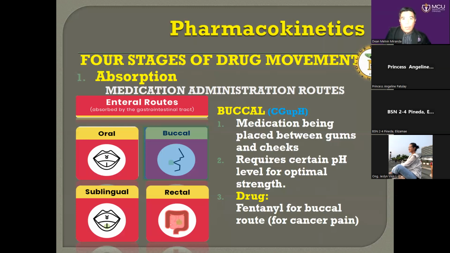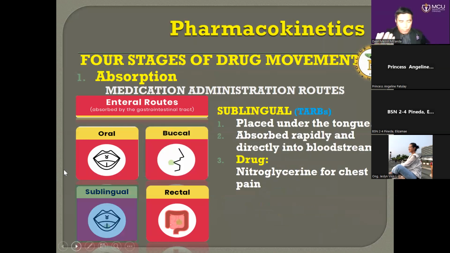sublingual. Actually, one of the questions that had been raised, sir, is how the drugs are being absorbed under the tongue. Remember, the more that the site is considered as highly vascular, the chances that it could start absorption. We are just aware that the drug for oral will reach the stomach and will be absorbed by the intestine.